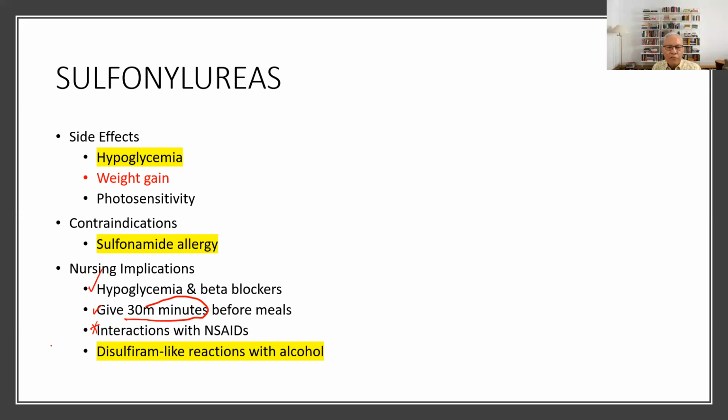Now, the use of sulfonylureas and alcohol can cause a disulfiram type of reaction. So what is disulfiram? Well, this is a medication that we usually use to support the treatment of chronic alcoholism. And what this does is that when a person drinks and they're taking disulfiram, they're going to have an acute sensitivity to ethanol.